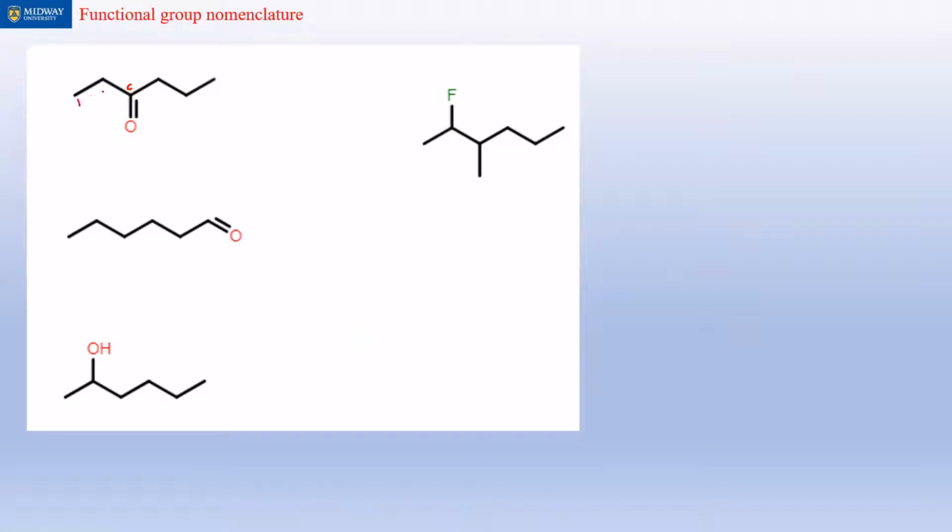Well, this side is closer to the end containing the functional group. So 3, 4, 5, and 6. So that's hexane. And if it's a ketone, we just replace the E with ONE, and the position of the functional group is 3. So we said it's 3-hexanone.